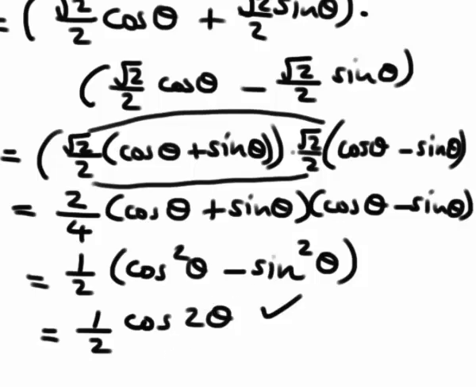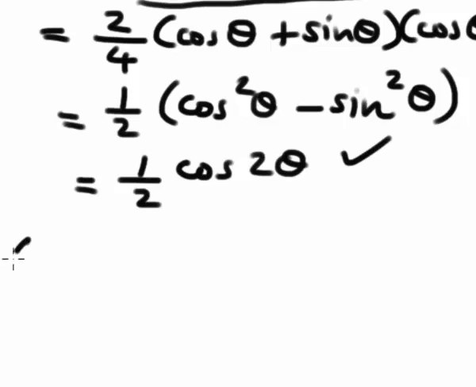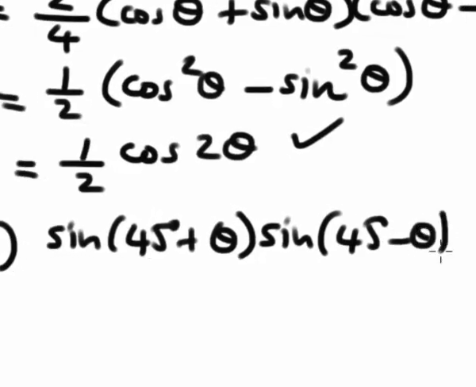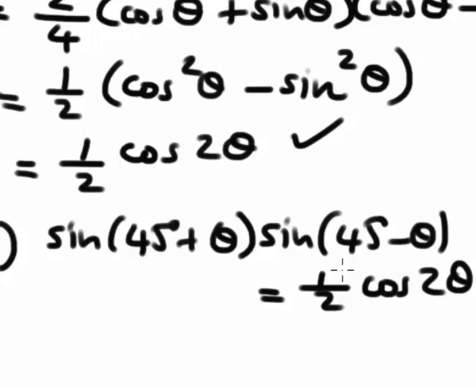Now I'm just going to write down in the B part that we've just proven that sine 45 degrees plus theta multiplied by sine 45 minus theta is equal to a half cos 2 theta. We've just proved it.